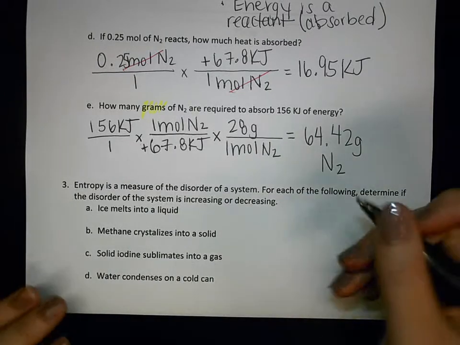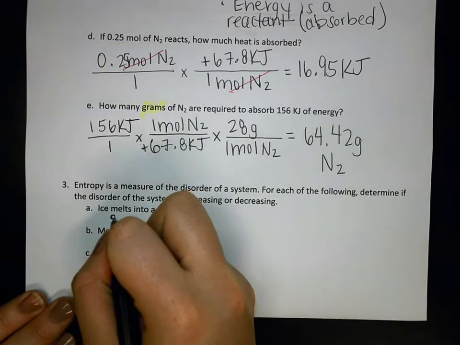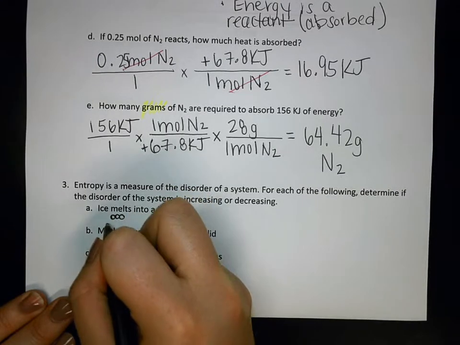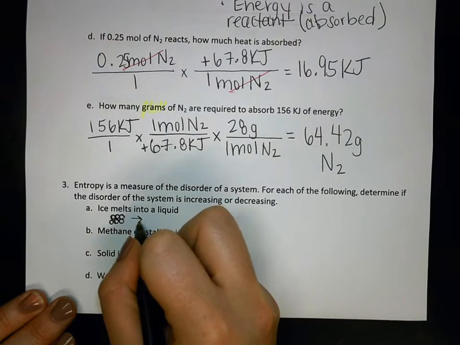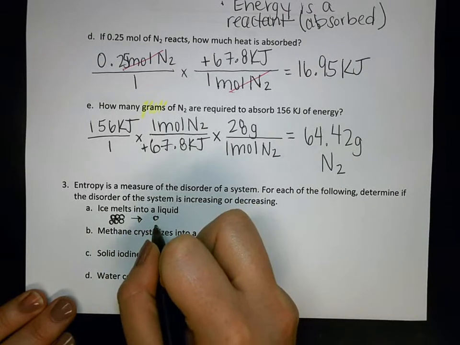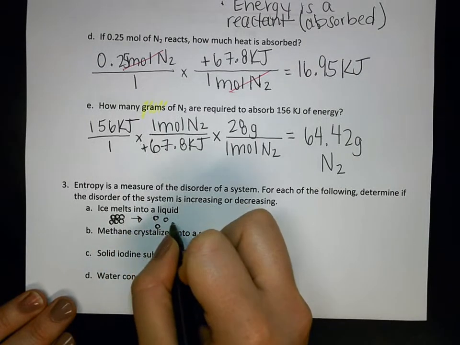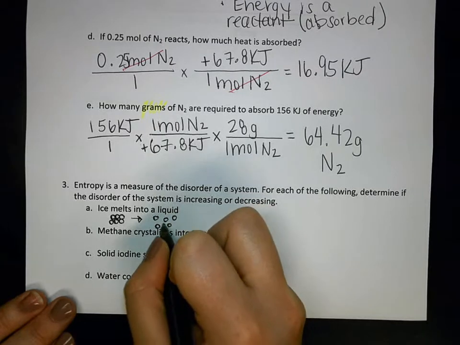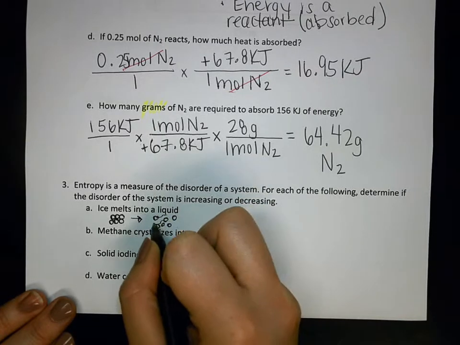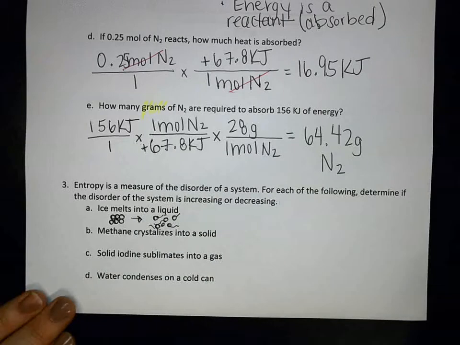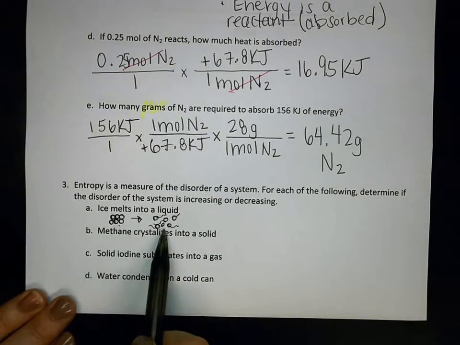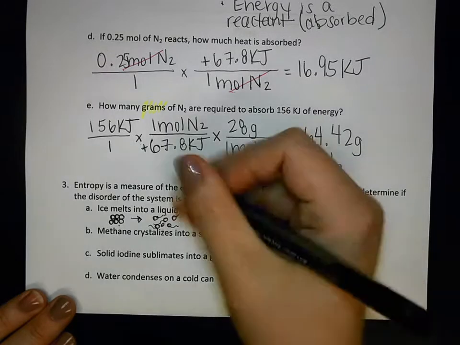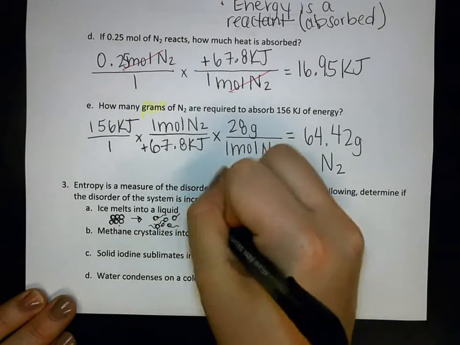If we take ice, which is a nice, neat, orderly solid, and we melt it, it's going to change into a liquid, which is sort of disordered. The particles are all sliding about past each other. So we go from a very neat, orderly system to a more chaotic system. So we would say that disorder, that entropy, is increasing.